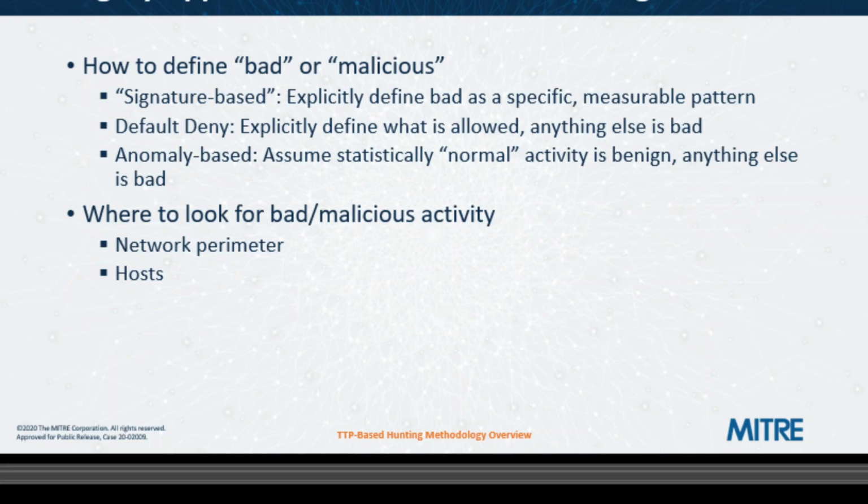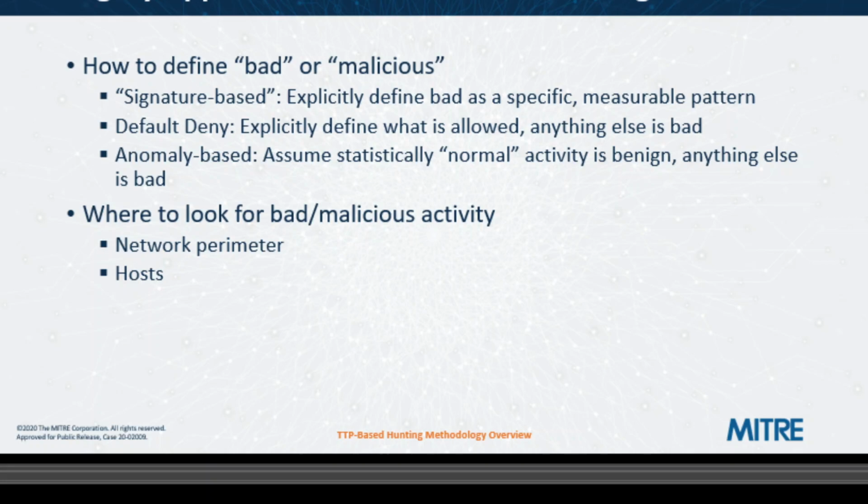Now that we have an orientation on precision and recall and the tension between the two, let's have a brief overview of some of the other approaches to hunting, which are complementary to TTP-based hunting, but distinct. One way to think about the different approaches is in how they define bad or malicious activity.